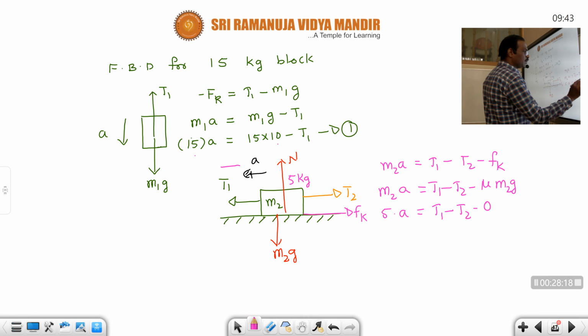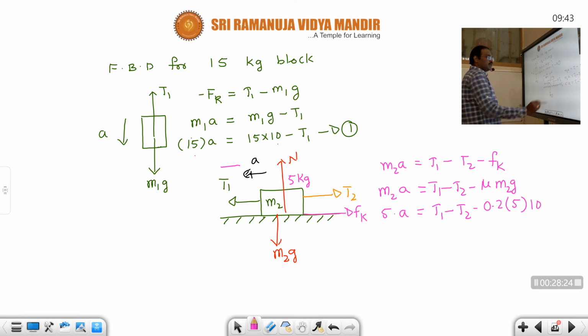That means 0.2 into 5 into G, and you can take the G value as 10. I will take this as equation 2.